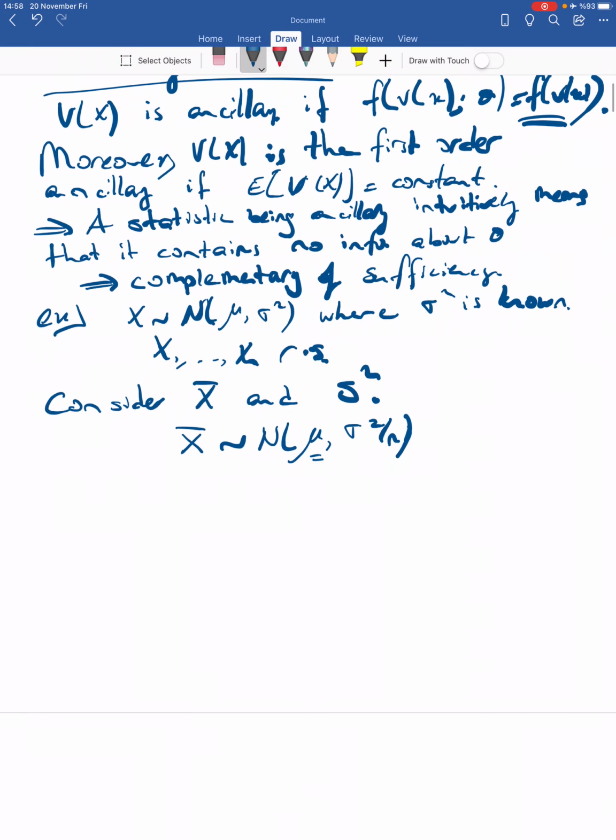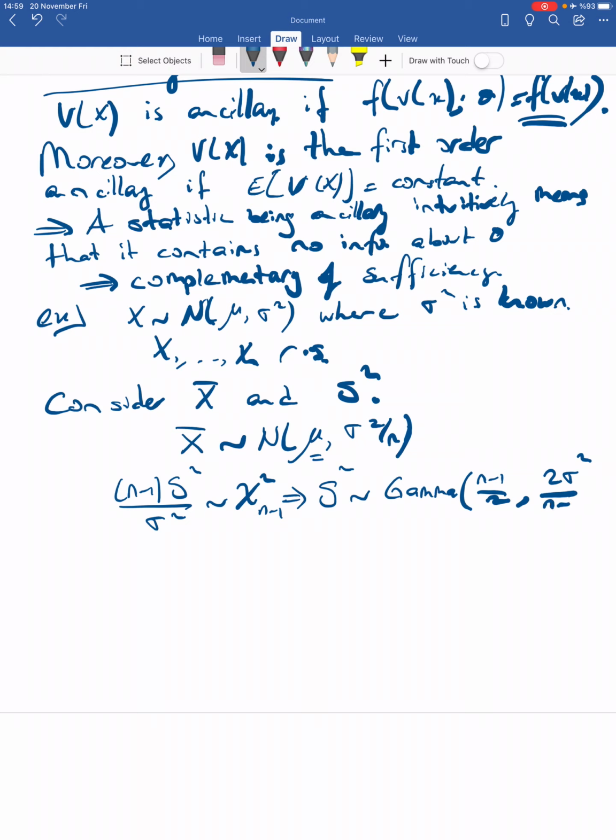But regarding s square, we know that (n minus 1) s square over sigma square is distributed as chi-square with n minus 1 degrees of freedom. Using the fact that the chi-square is a gamma distributed random variable, we can find that s square is also gamma distributed with parameters (n minus 1) over 2 and 2 sigma square over (n minus 1).